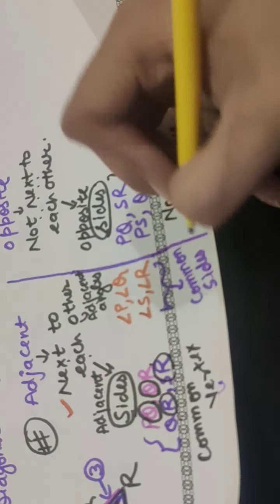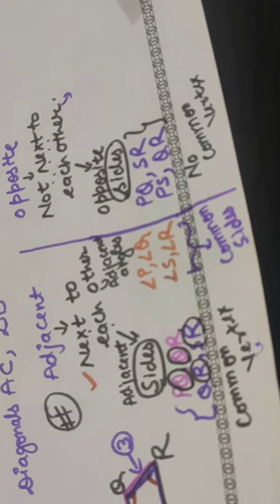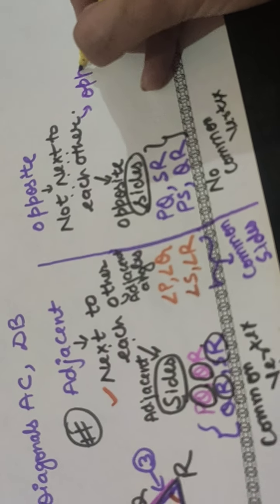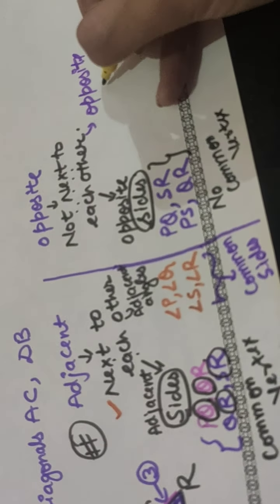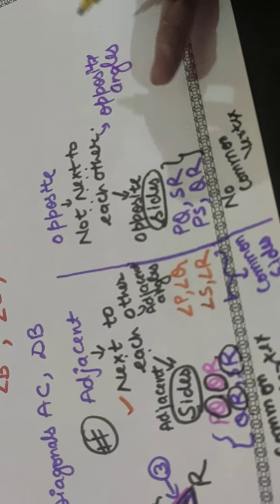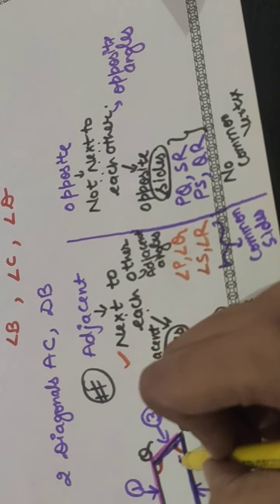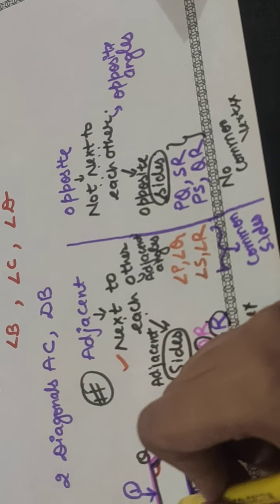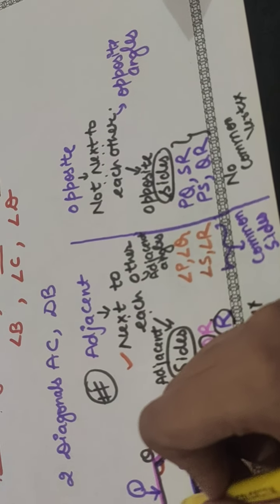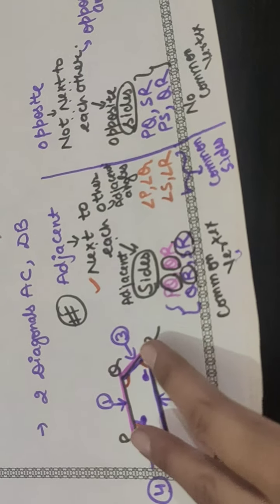Now let us look at the opposite angles. The angles which are not next to each other are known as the opposite angles. See this angle P and angle R, they are not next to each other. Angle P and angle R are opposite to each other.